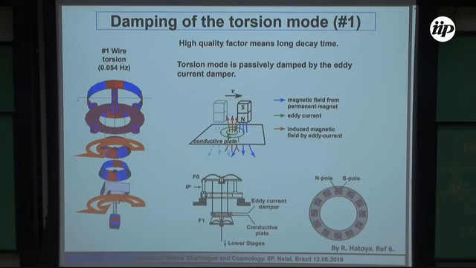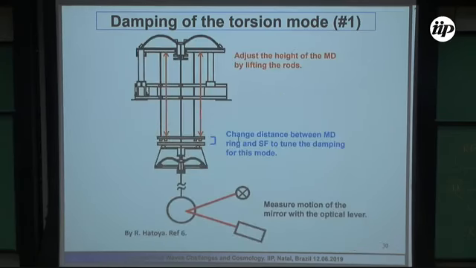This project was done by our summer student, and to damp this torsion mode, that is only passive damping, and it's done with this eddy current damper. Basically, we need to get this eddy current damper close to this copper disc, and we need to measure how the mirror will move.